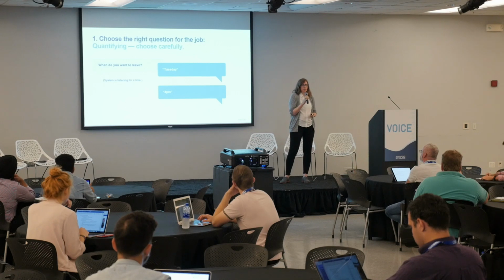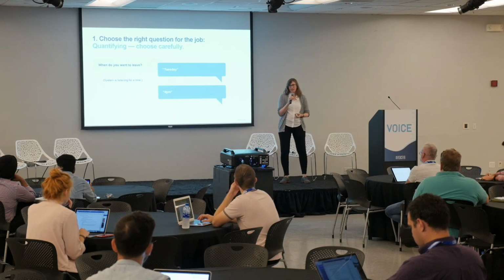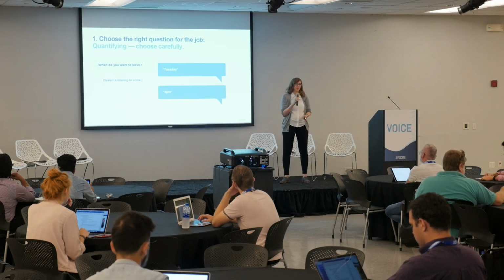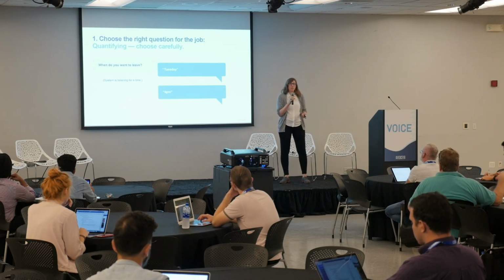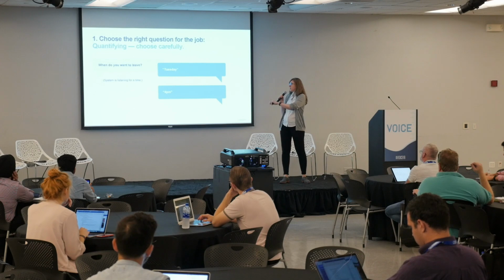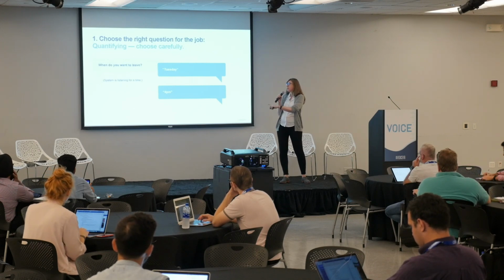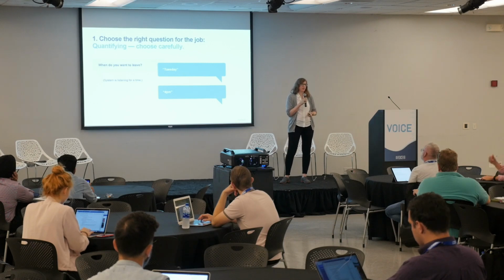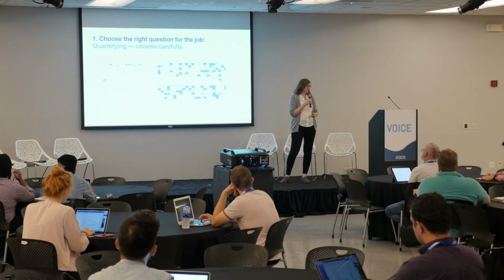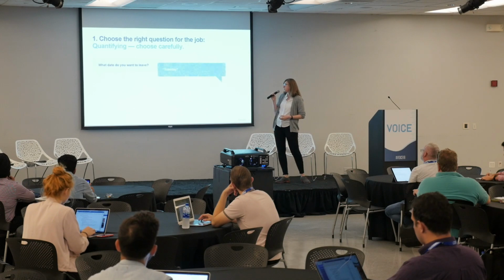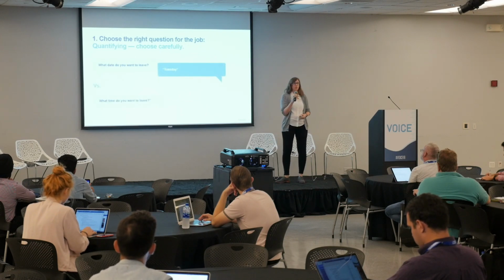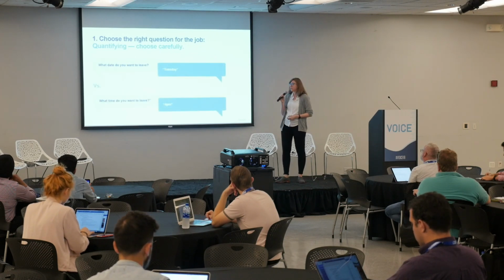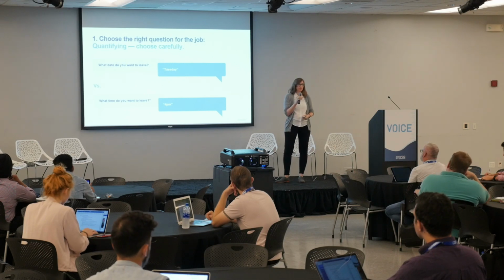A user could interpret this question as asking for a date, like Tuesday, or they could interpret the question as asking for a time, 4 p.m. So if our system is listening for a time, the users who say Tuesday are going to get some kind of error message. So it's better to have a more specific question, like if your system is listening for a date, say what date. If your system is listening for a time, say what time.